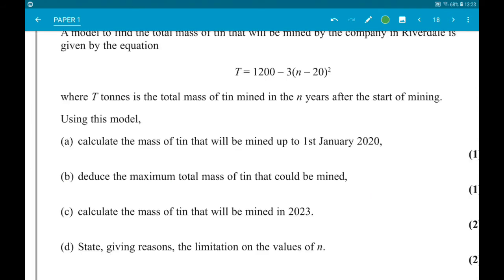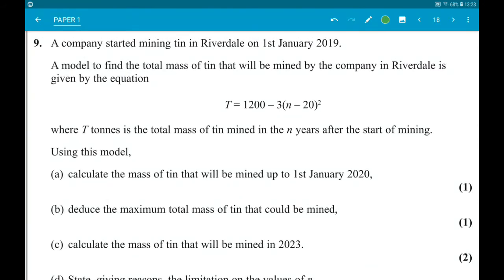D. State, giving reasons, limitations on the value of n. So, the model is fine from n is 1 up to 20. As soon as n is bigger than 20, T, which is the total mass mined, is going to start decreasing again.